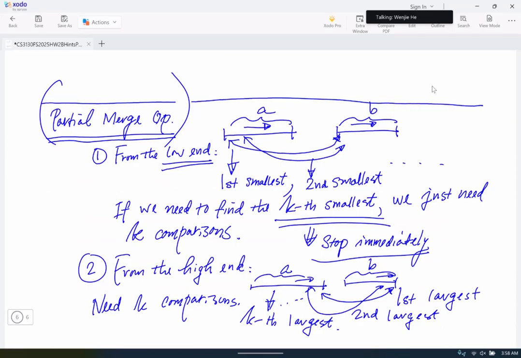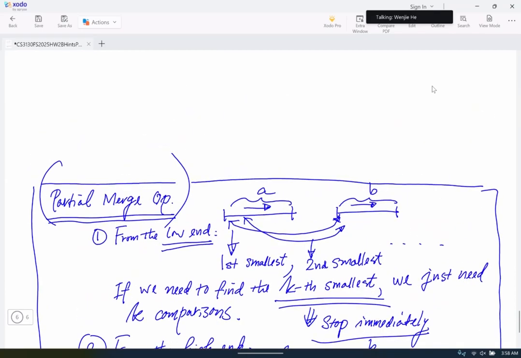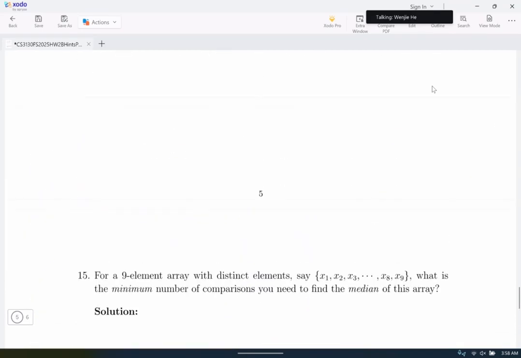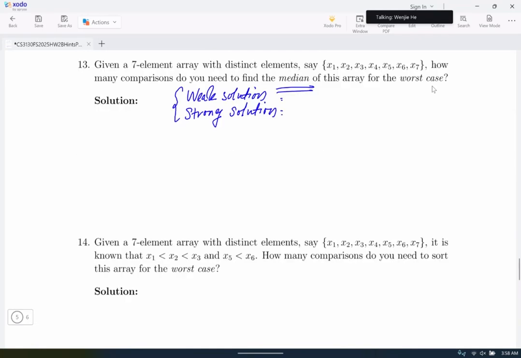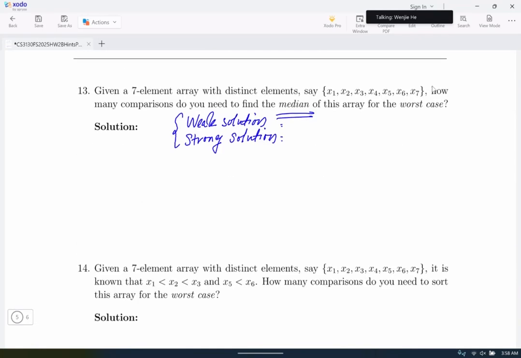Now, because this way is very useful in many of our questions, we can go back to look at our last three questions. Number 13, a 7-element array. Go find a median.